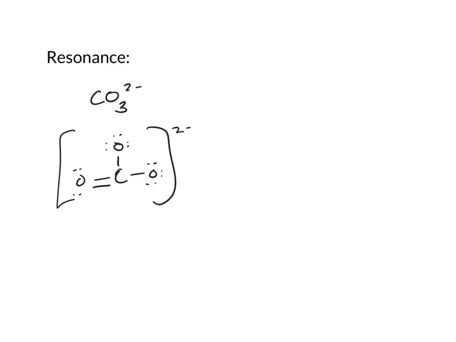All right, so this looks remarkably similar to the nitrate ion in that I have this double bond that I can move to be between this oxygen and that carbon. And I get a structure that looks like this.